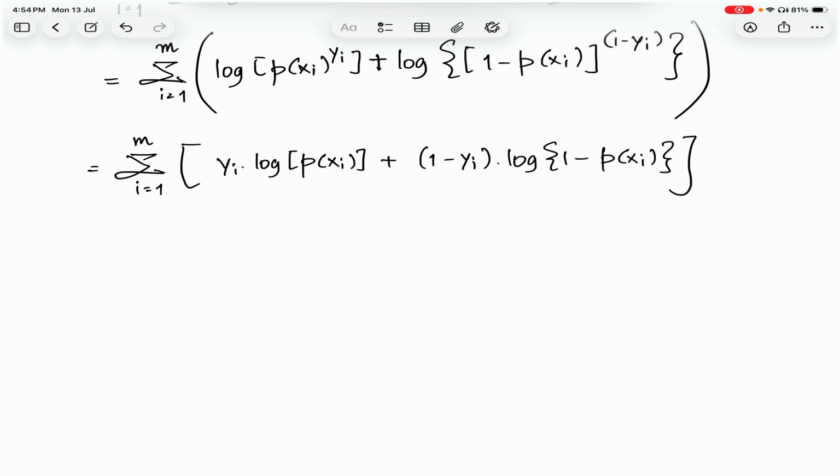and we know that log of 1 over a is negative log a, so we just got minus log of 1 plus exponential negative z and then plus 1 minus yi times log of exponential negative z over 1 plus exponential negative z.